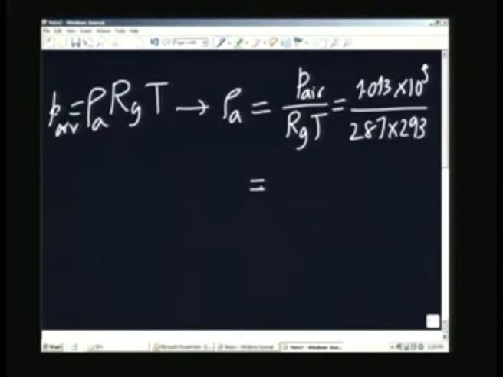This comes out to, the density comes out to 1.205 kg per cubic meter.